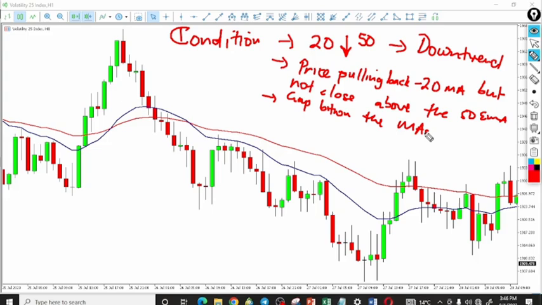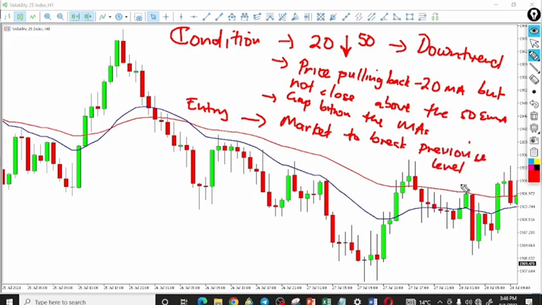Now, once we see this, there's one more condition that we want to see, but don't worry, there are not a lot of conditions here. These 3 conditions, if they line up, now you are objective in the market. There is no point of guessing at this point. So once we see this, for our entry, we want the market to break the previous level.